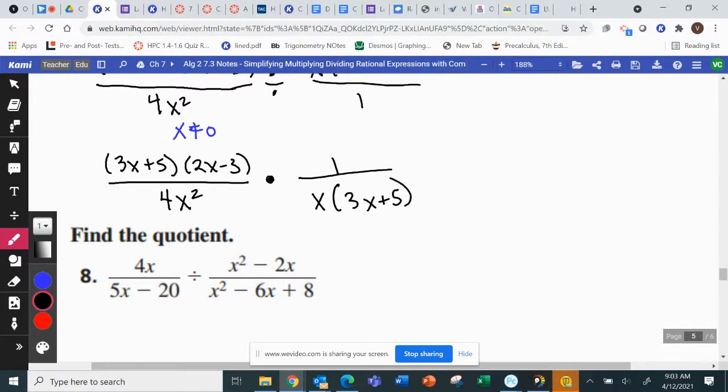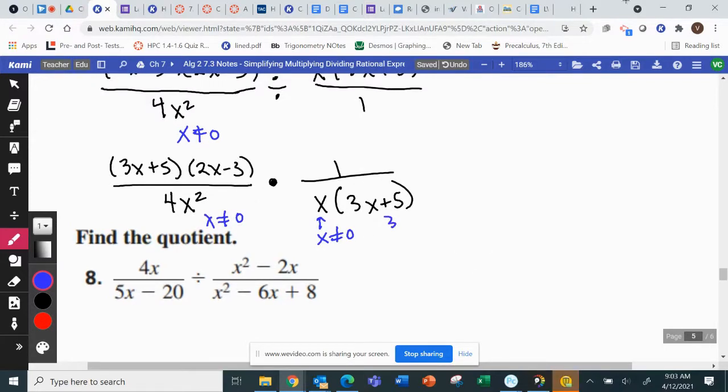Ryan, do you know what I need to do next? You gotta find the domain restriction. Perfect. We got to find the domain restrictions again. This time, x does not equal 0 is still there. But over here, we've got another x does not equal 0. It does not matter if you write it twice or just once. And then we've got 3x plus 5 does not equal 0.